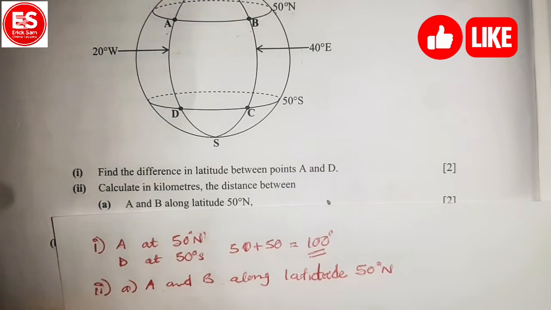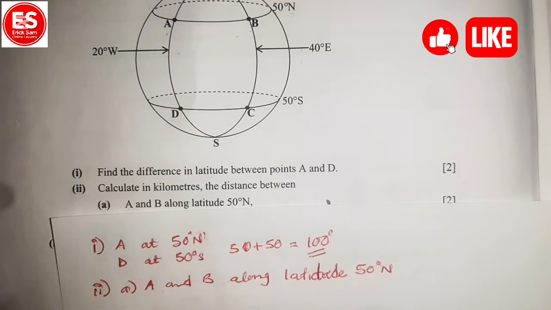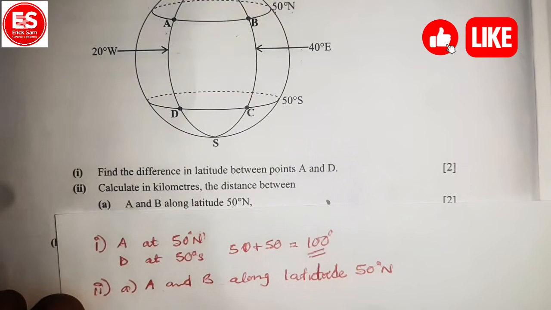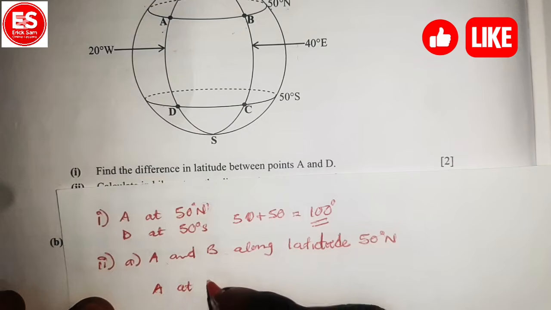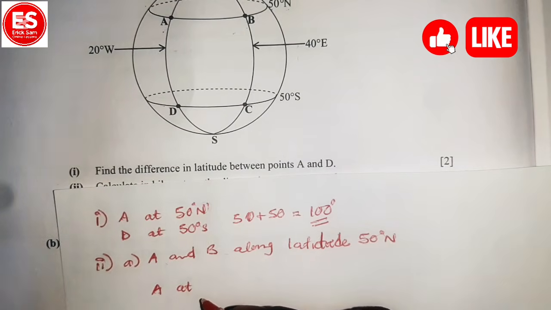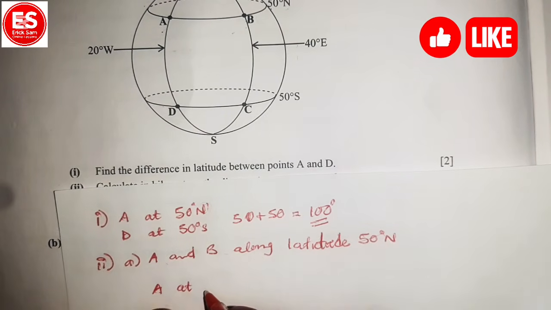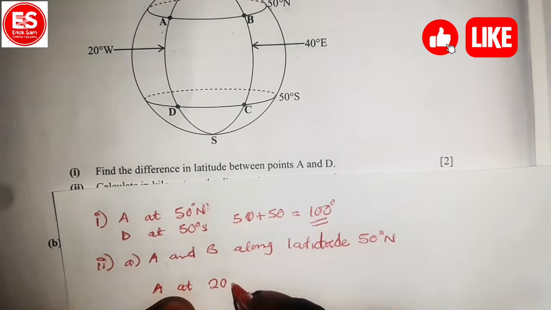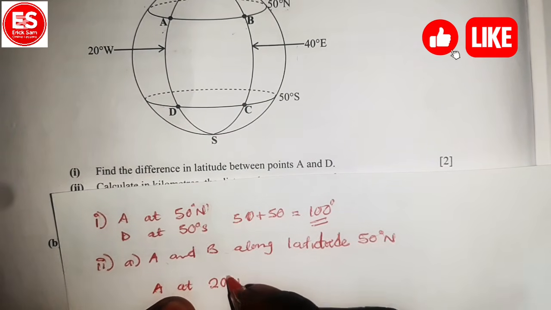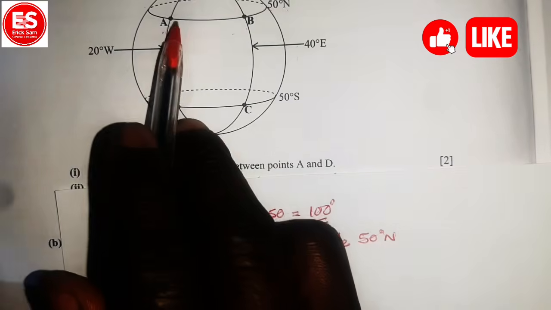In this case, we want to find first of all the difference in longitude. So where is A? A is at 20 degrees west in terms of longitude.